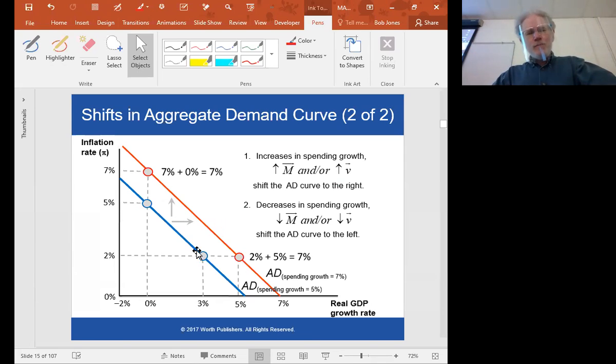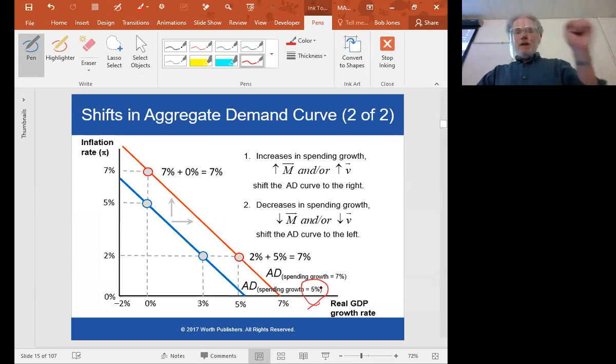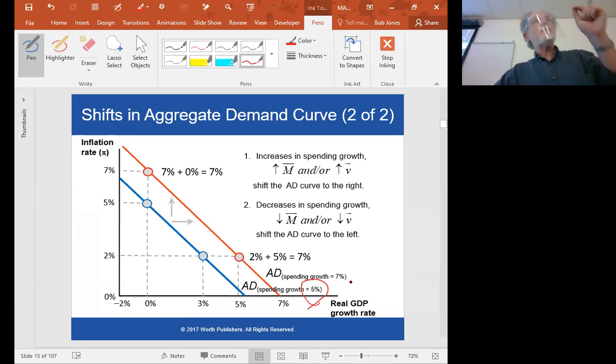Okay? And here we started out with the original aggregate demand curve, which was based on an assumption that spending was going to grow at 5%. Okay? If something happens and we're told now, no, it's not going to grow at 5%, it's going to grow faster, it's going to grow at 7%, what's that going to do?